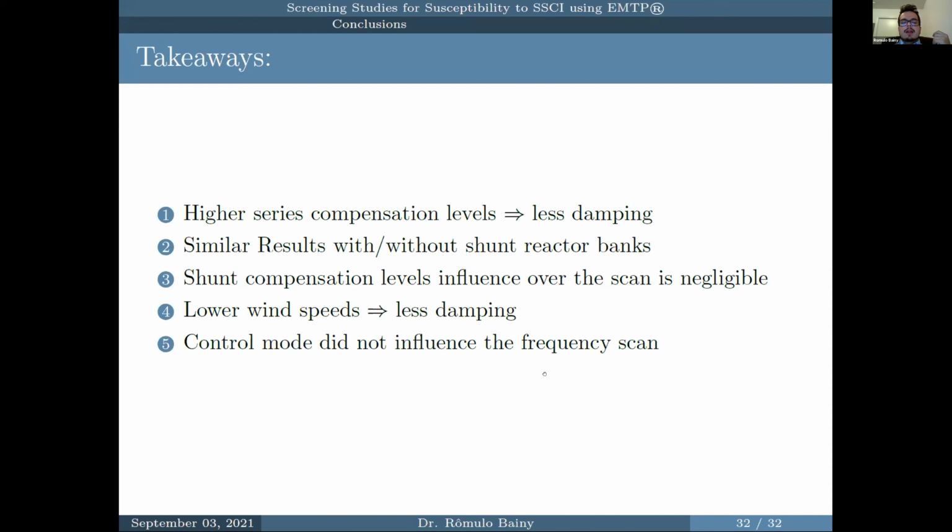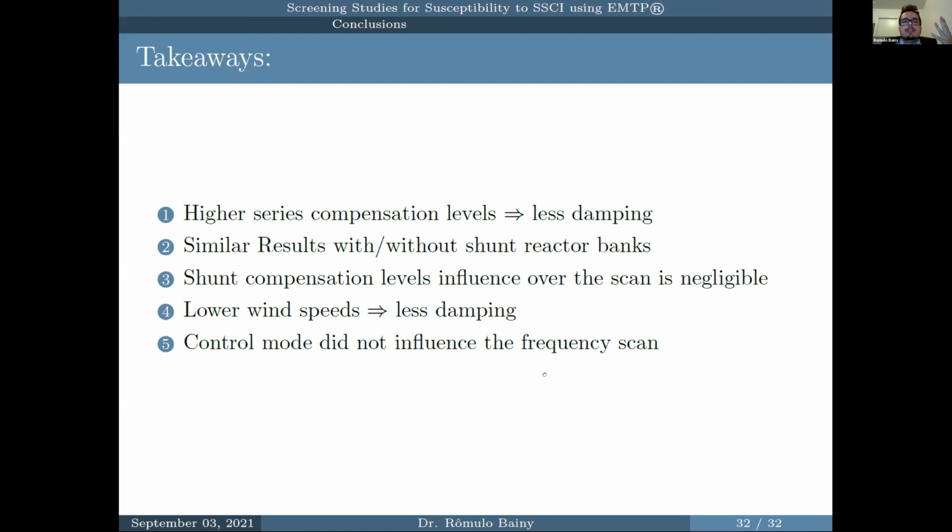For lower wind speeds, we also notice that we get less damping, which is expected, of course. The negative gain is going to be higher, and the control mode did not influence the frequency scan.